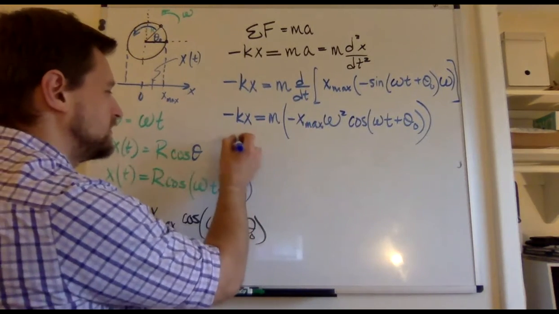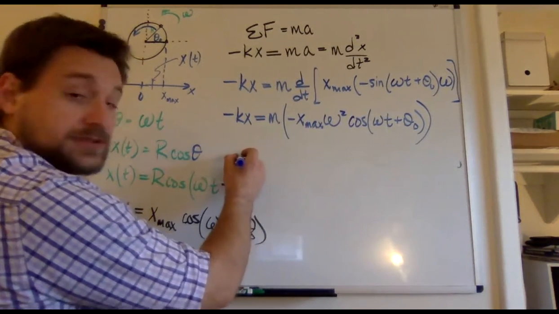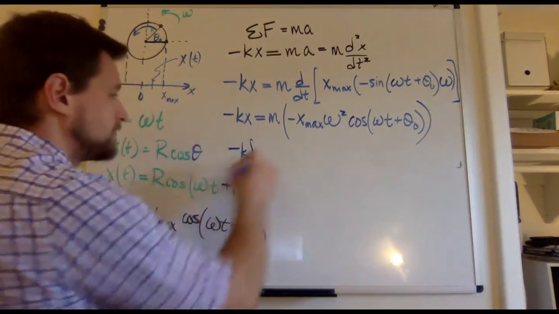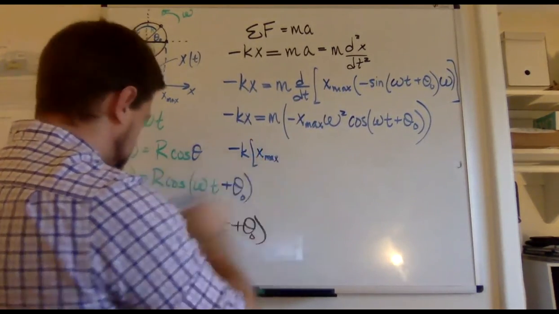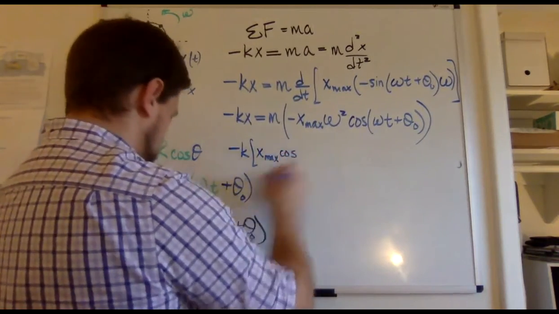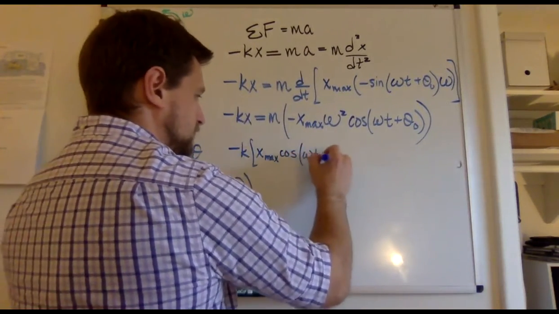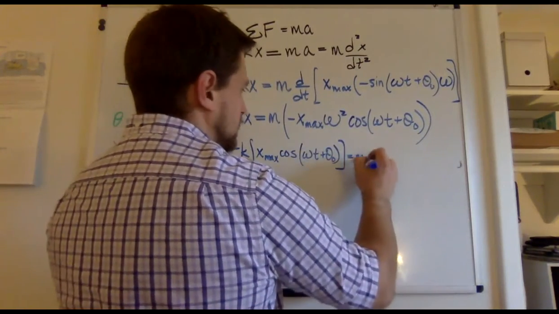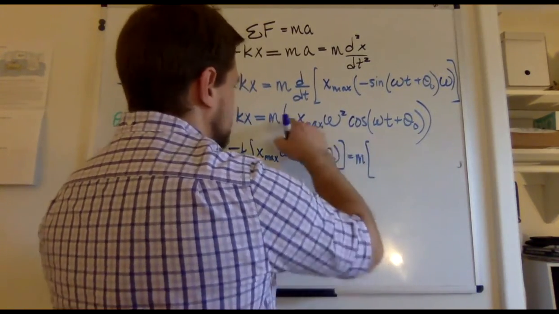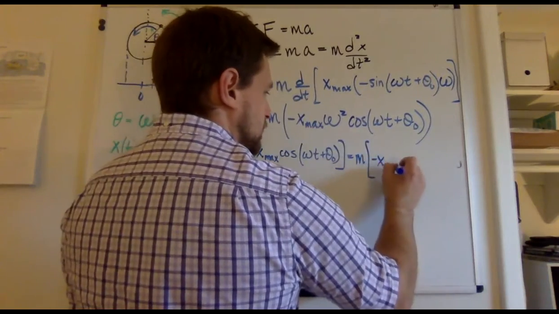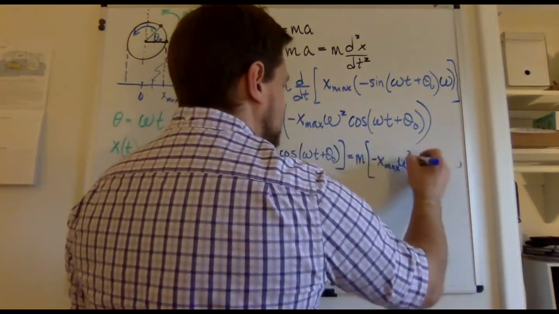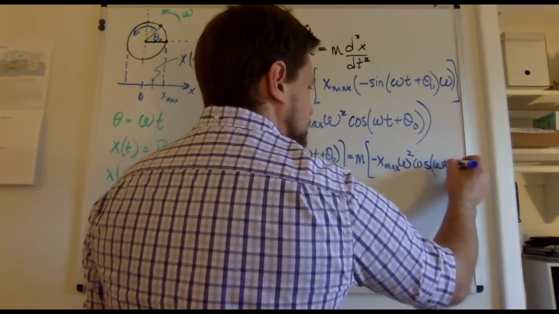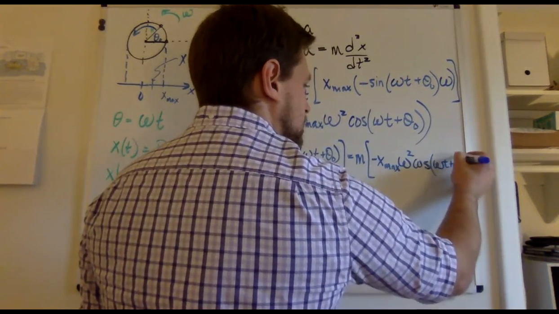So let me just, all right, gonna have to write small: negative k times cosine omega t plus theta 0 equals m times negative x max omega squared cosine omega t plus theta 0. Close.